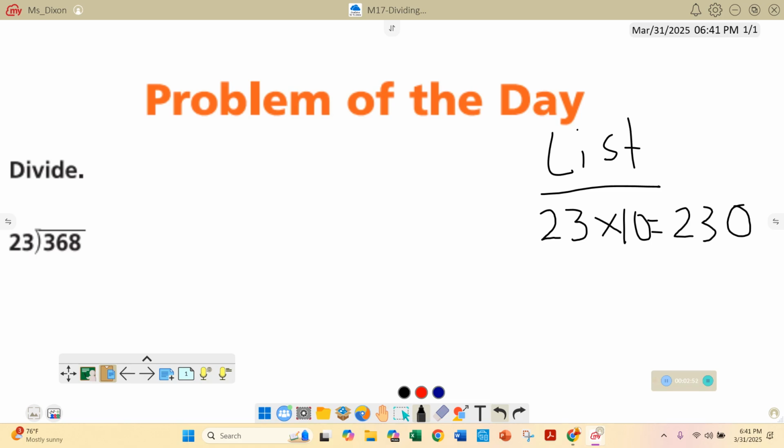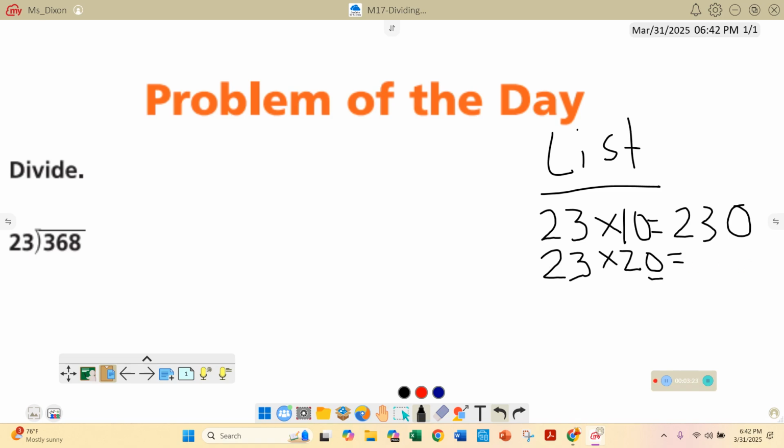Looking at our dividend, 230 is less than 368, so we can take out 10 groups. Let's just check to see if maybe we can take out more groups. I wouldn't jump too high in this one because 230 is not that far from 368. So maybe try 23 times 20, just to see where it would put us.